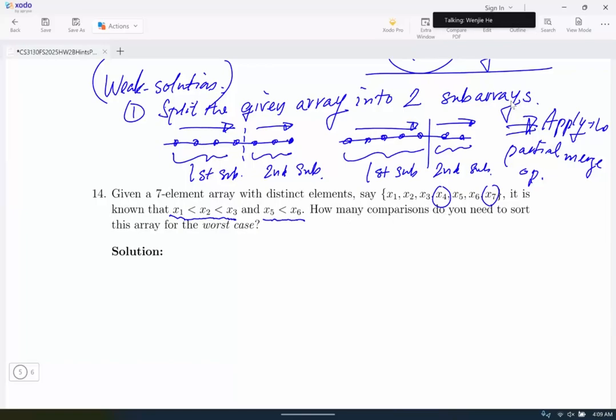Because your goal is to sort the whole array, right? Then use the merge operation.